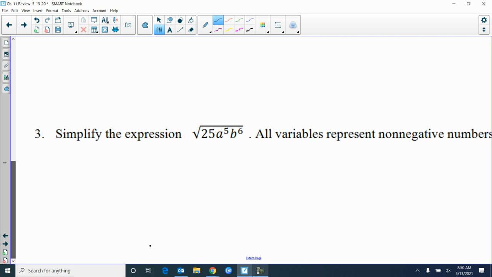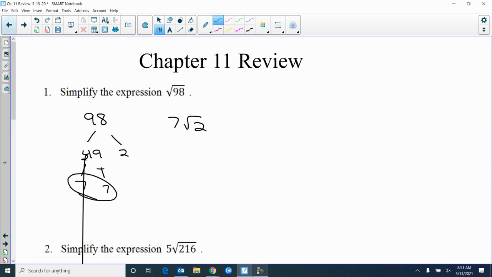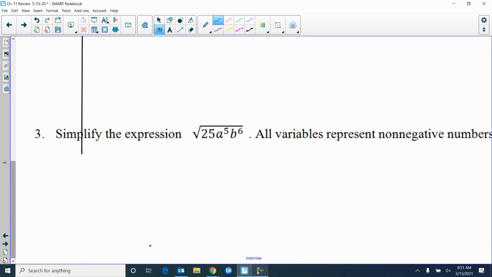All right, so factor tree. If you take a look at 25, do we know the square root of 25? That's 5, so that's gonna go on the outside. Would it be 5a squared? Keep going, 5a squared, then what?